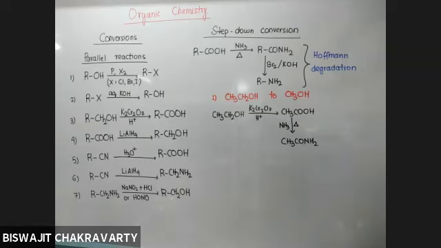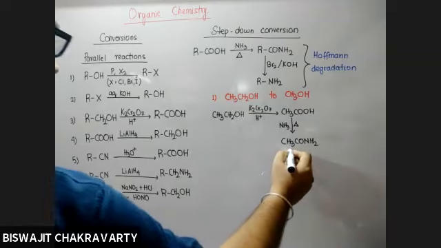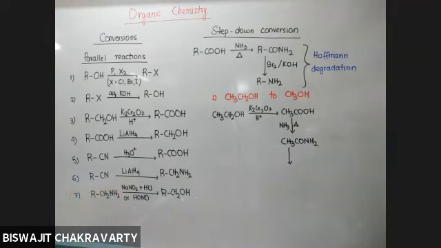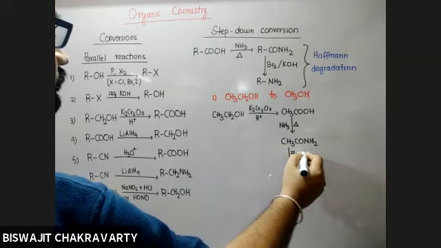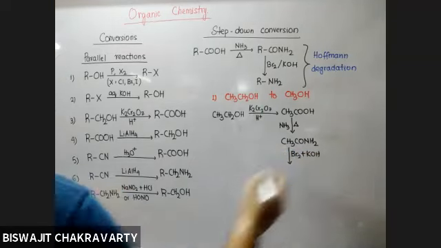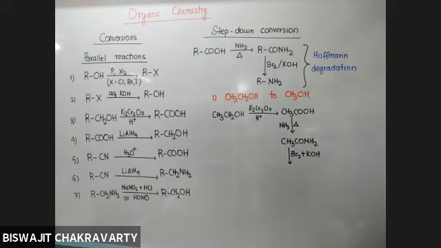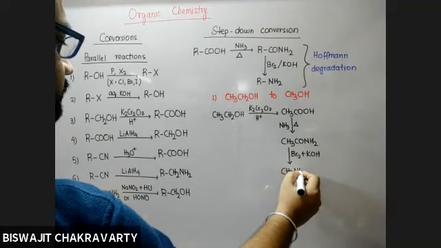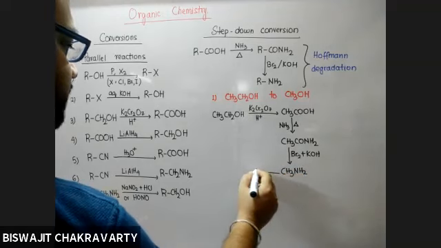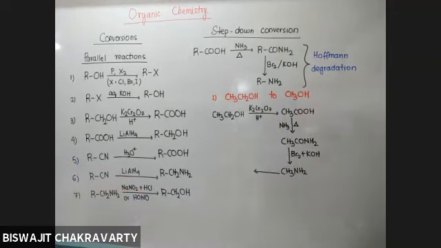Now what should I do? KOH and bromine. What will be the product? CH3NH2. What should I treat this with so as to get this? Is there any direct way?